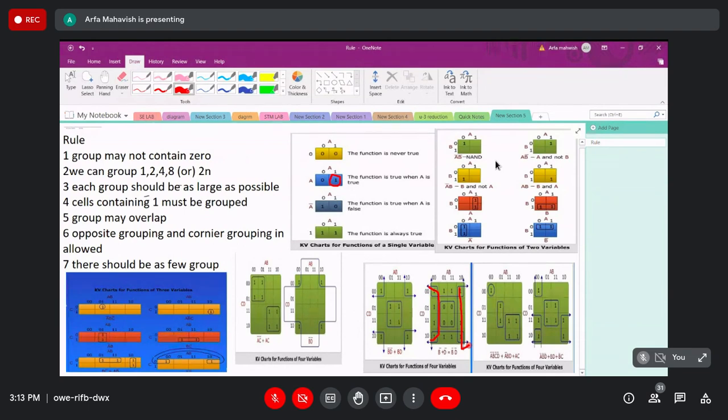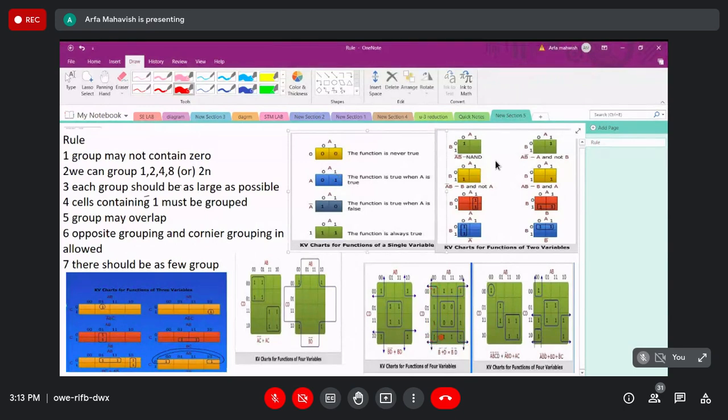For example, in this image you can group these 4. This 4 means 2 power 3, 8 variables, you can go with that, okay? You don't need to divide it, 2 is not necessary. If you are getting a large number of possibilities of groups, you can go with that large group.